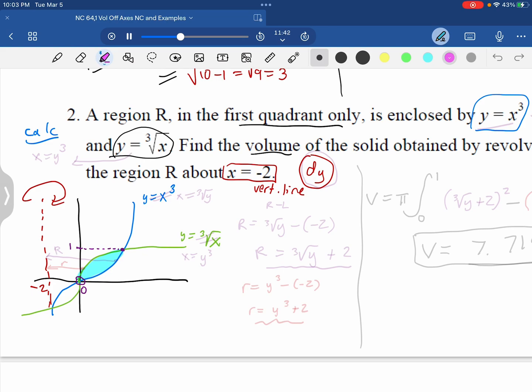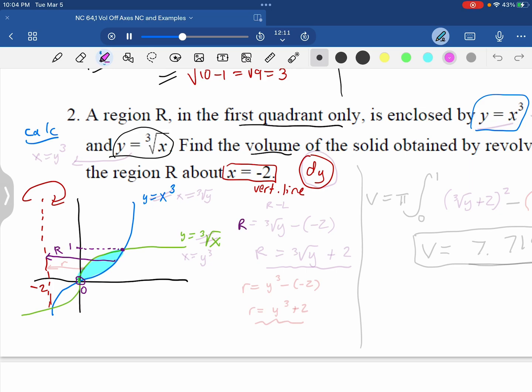And let's go and set up our big R and little r. So the big R is going to be the distance between the axis and whatever graph is further from the axis. In this case, the one further from the axis will be the blue cubic graph. Notice I'm going to draw my arrow in the direction that we want to do our math, which is going to be right side first, blue graph, heading left towards the axis.